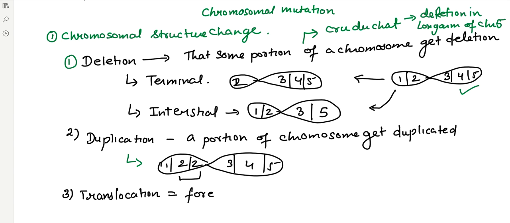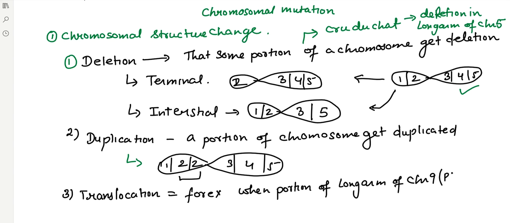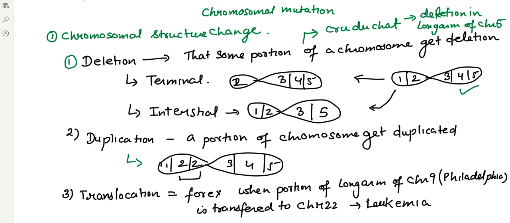For example, when a portion of the long arm of chromosome number 9 is transferred to chromosome number 22, it is also known as the Philadelphia chromosome, and it leads to leukemia. Okay, it leads to chronic myelogenous leukemia, a type of cancer.